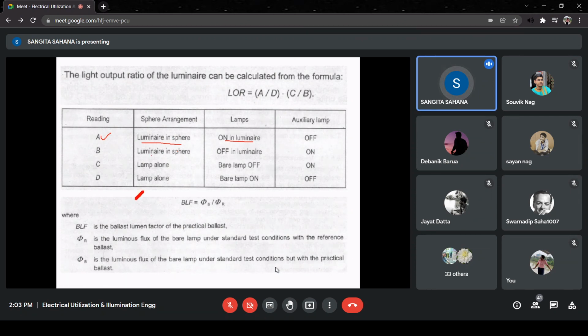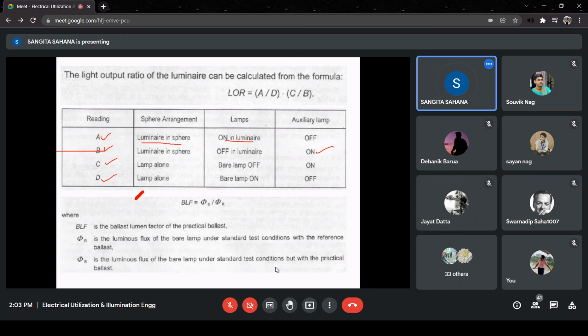So in the second step, the luminaire is inside the sphere, but it's off. Auxiliary on, the reading is B. Then we will place the lamp instead of the luminaire. The bare lamp is off, auxiliary on, that reading is C. And if you make the auxiliary off, the bare lamp on, the reading is D.